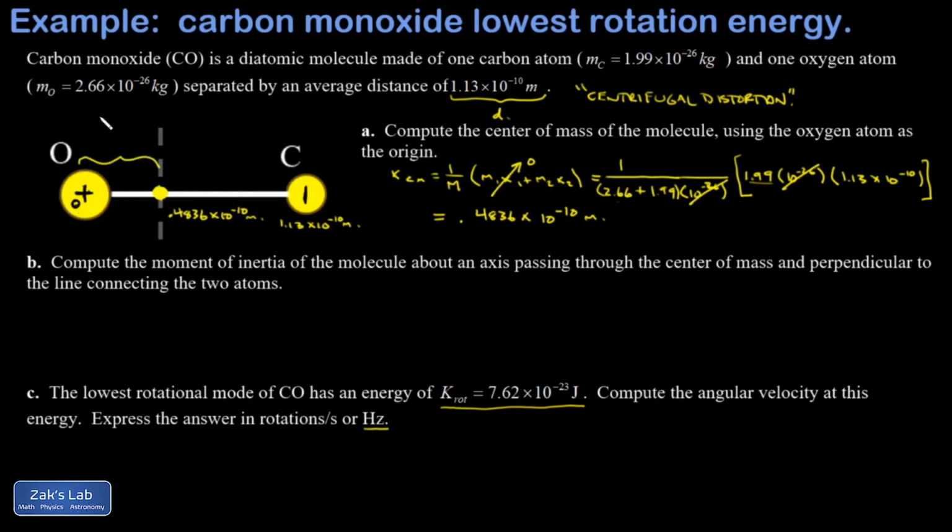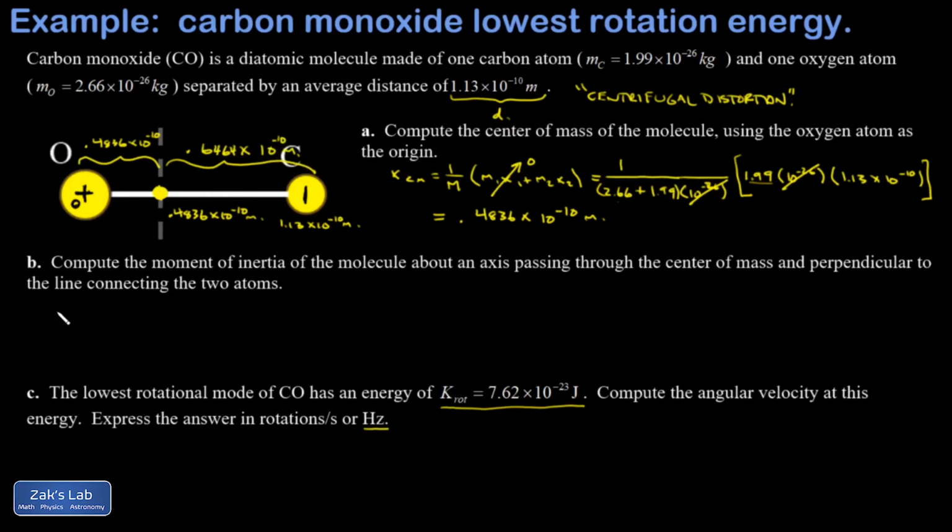Well, I already have this one. This one's 0.4836 times 10 to the negative 10 meters. Now I need this one. So I just take the total distance and subtract the 0.4836 times 10 to the negative 10 part, and I get 0.6464 times 10 to the negative 10 meters.